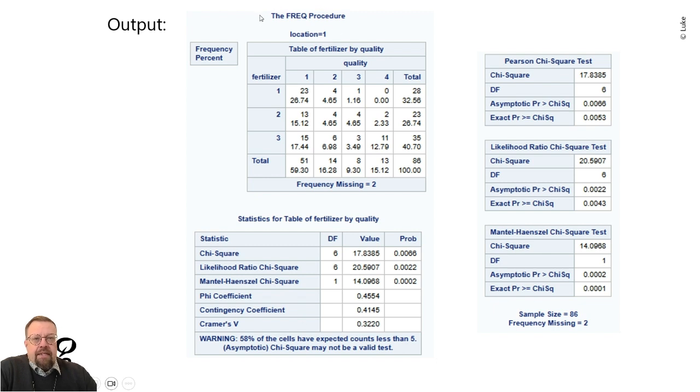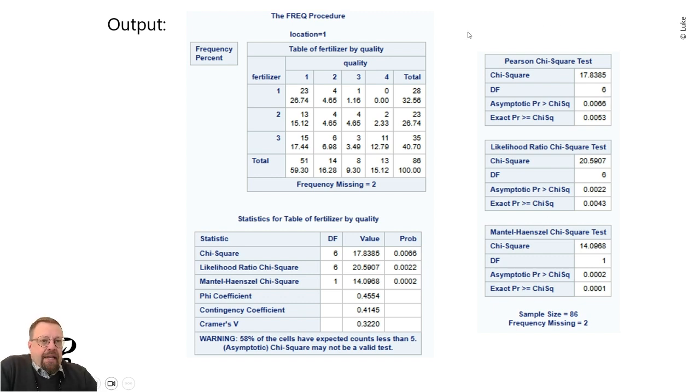So this is the cross tabulation and the tests for location one. And for location one, we get this warning that 58% of the cells have expected counts less than 5, and chi-square may not be a valid test. So we get a warning, and it's saying that this should not necessarily be trusted.